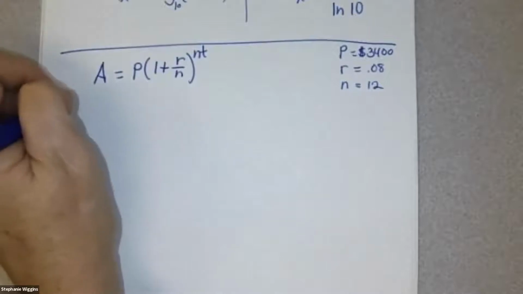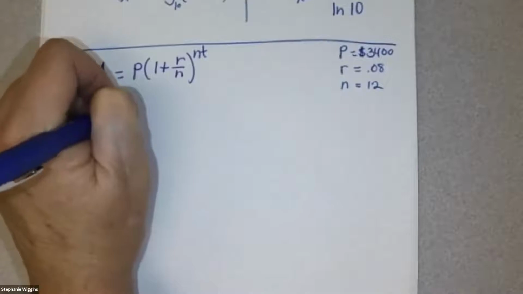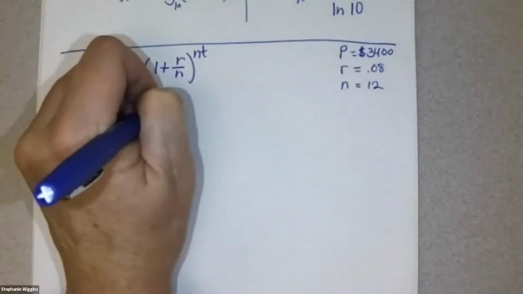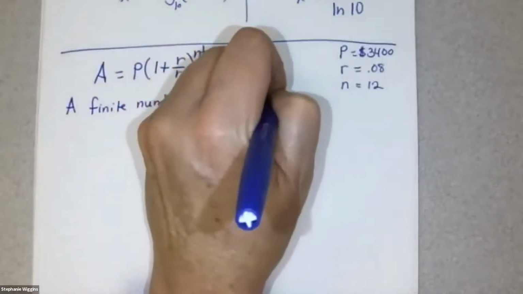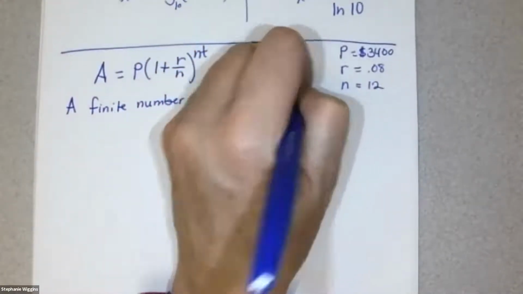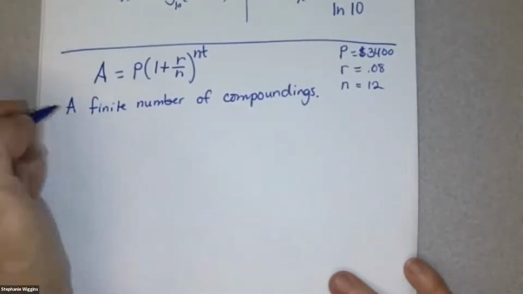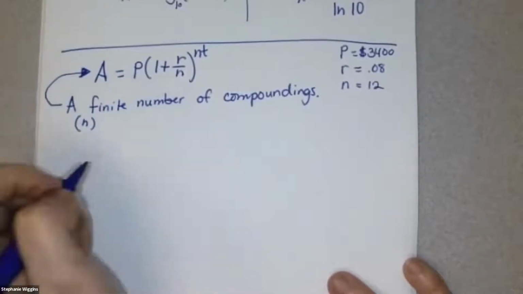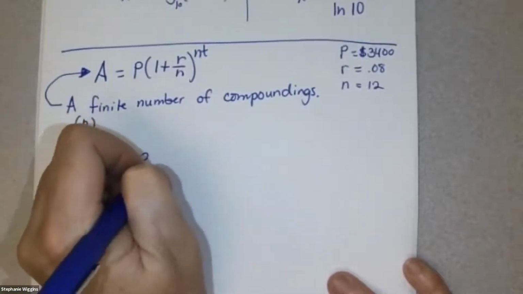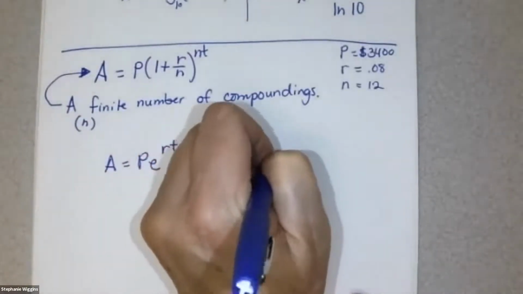This is for a finite number of compoundings, and that finite number is n. All right, that's this formula. Now, if you have A equals Pe to the rt, this is continuous compounding.